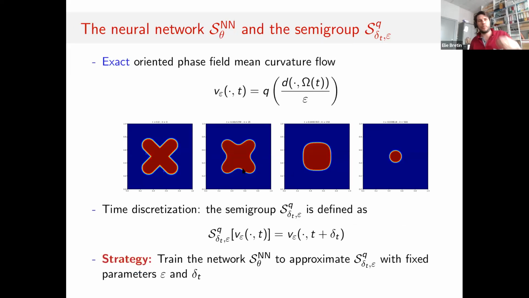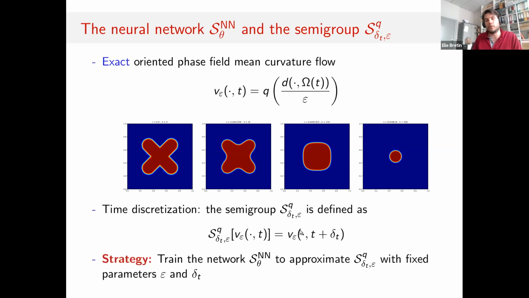So the first point is to introduce the exact oriented phase field mean curvature flow, which consists simply in defining the function v epsilon equal to Q applied to the distance of omega t over epsilon, and then also defining the semigroup S_Q delta t epsilon, where delta t and epsilon are numerical parameters which are fixed during the learning process.